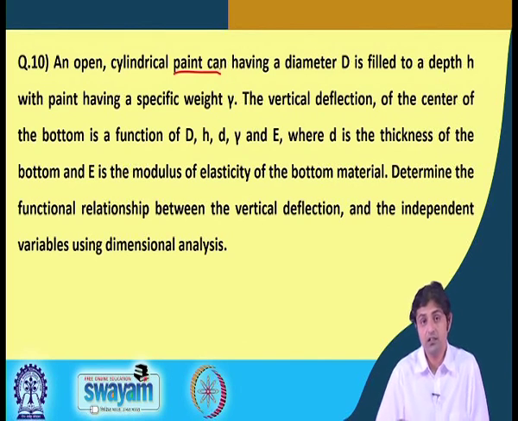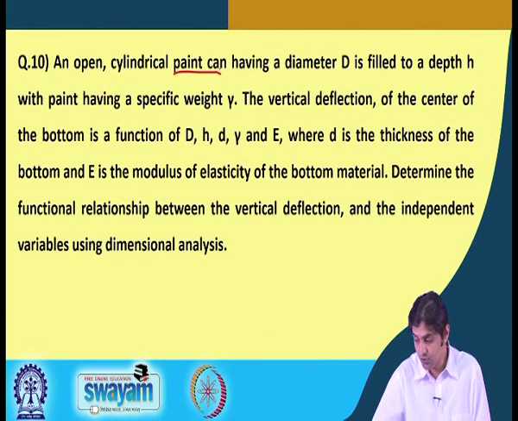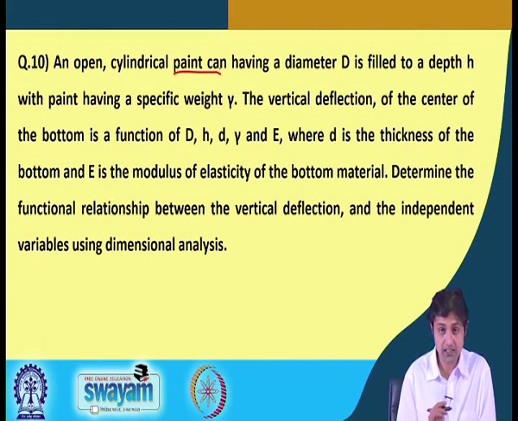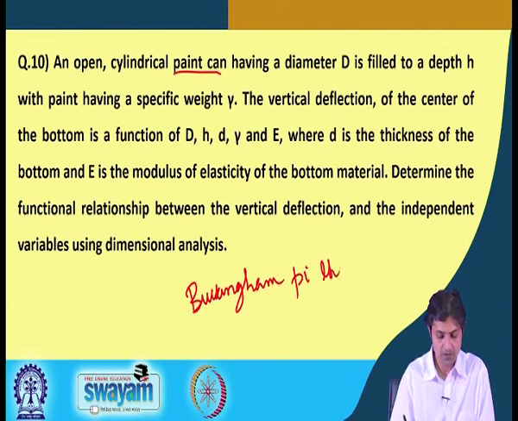So, this is a classical example of, I mean we can actually go a little fast here, because in the two questions we have clearly laid down the procedure. But you see even in such complex cases where a lot of new terms are there, we can use Buckingham pi theorem for this again.